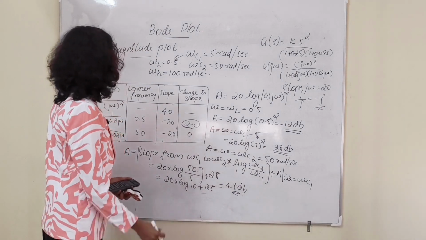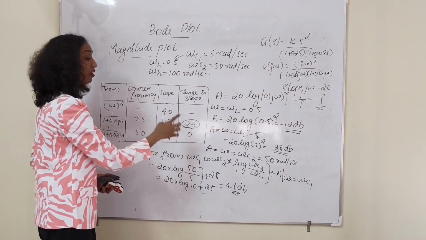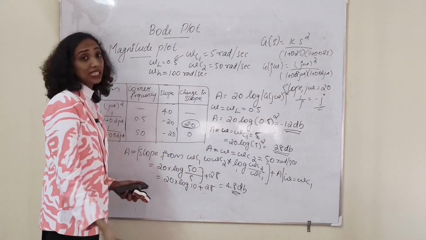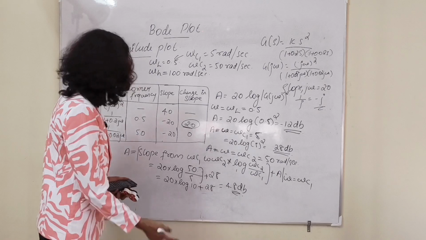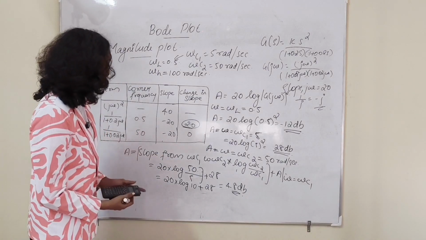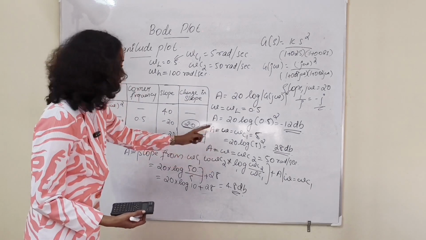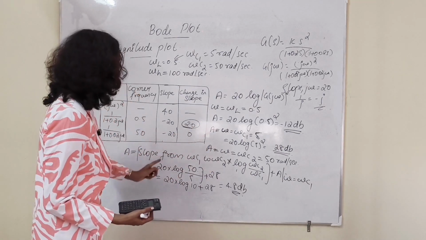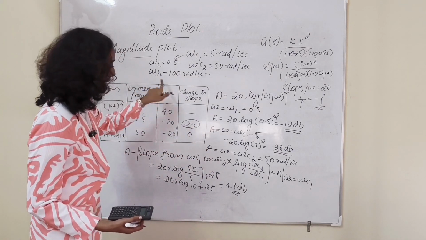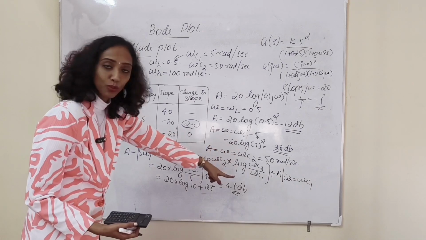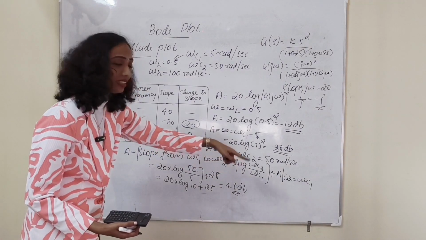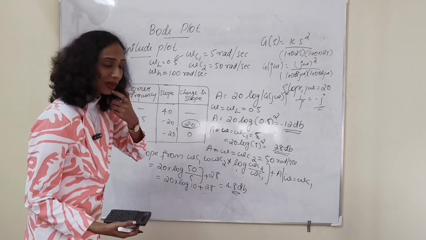Then for the last one, we don't have a change in slope. The change in slope is 0, right? So we write the equation: slope from omega C2 to omega H into log of omega H by omega C2, plus the gain at which omega is equal to omega C2.